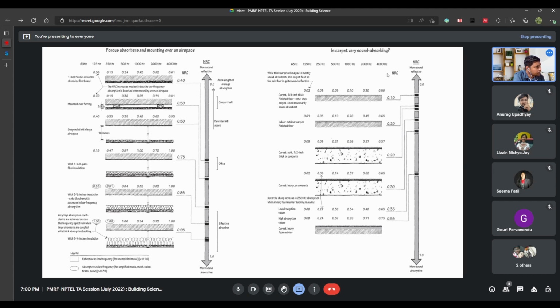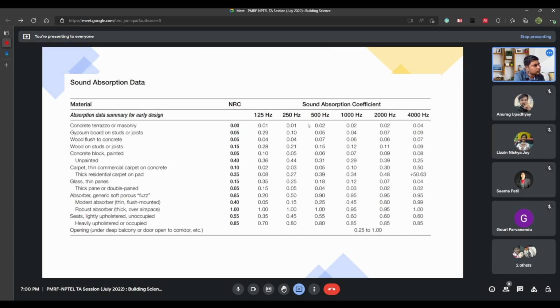You can see that the absorption coefficient is gradually increasing only for higher frequencies. For lower frequencies, you don't have much improvement at all. So carpet is a good recommendation for sound sources at higher frequencies. And this data sheet gives the NRC value and also the sound absorption coefficient for different materials.